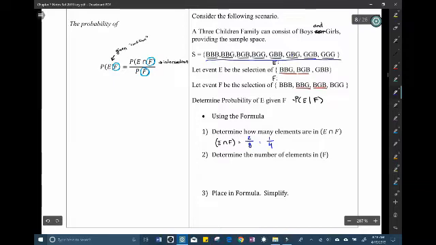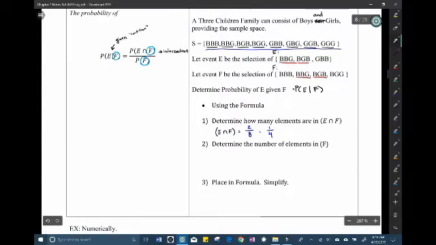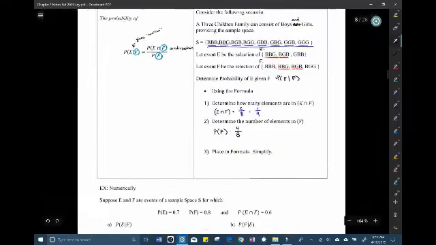That's the probability of both occurring. Now determine the number of elements in F. The probability of F is, well, there's 4 of them, so 4 over 8. And then just place in the formula.